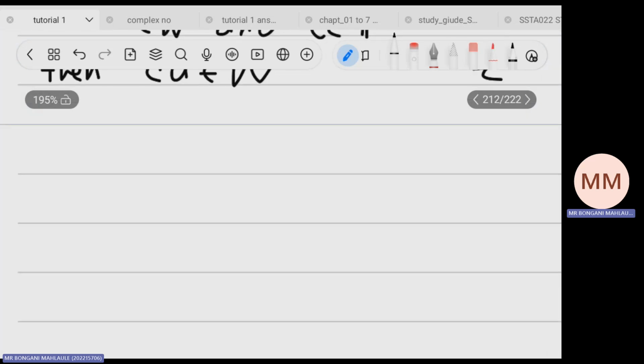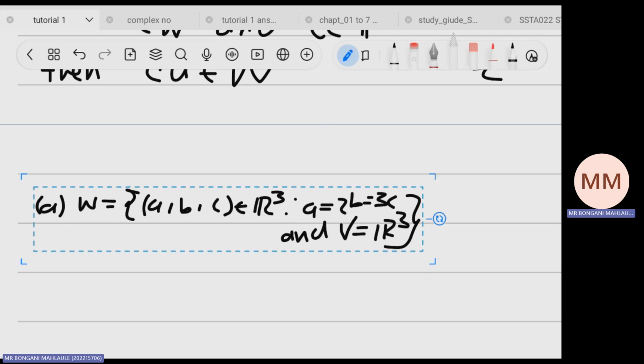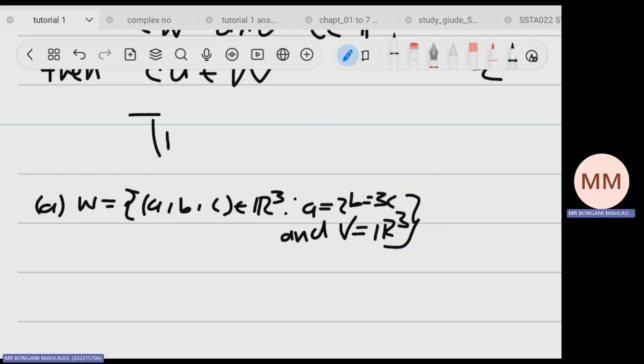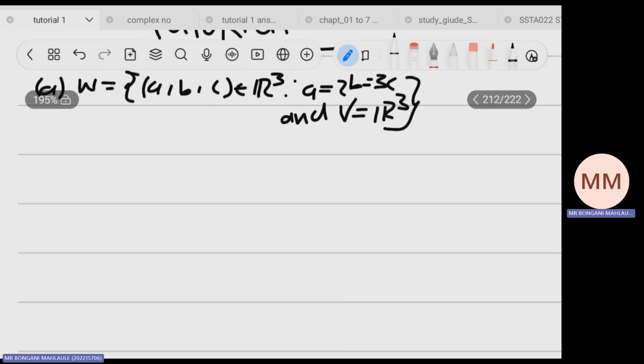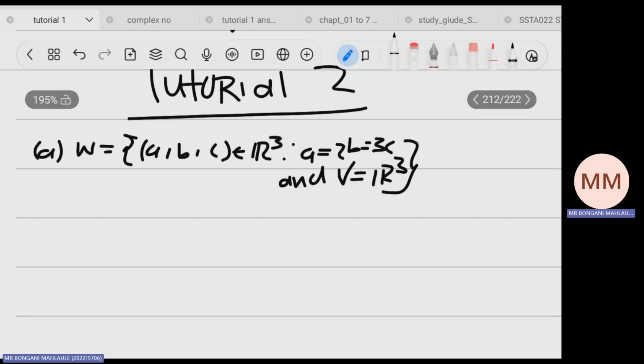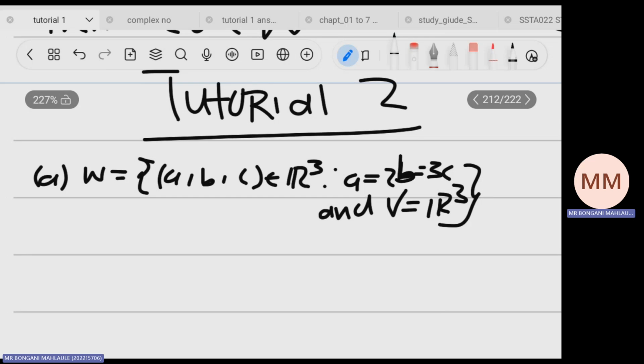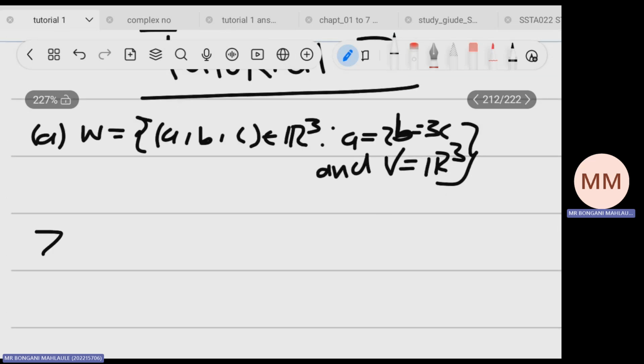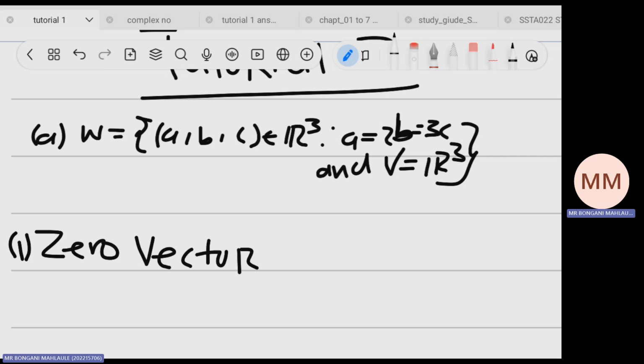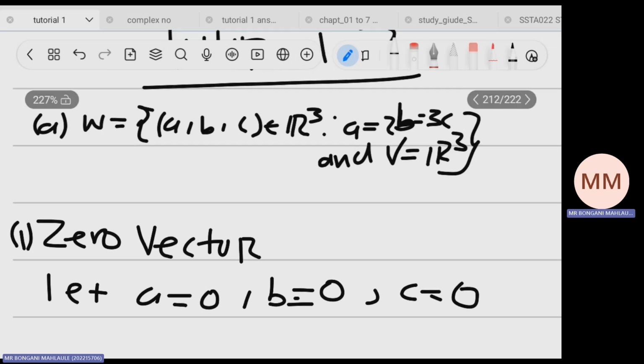Okay. So given this, you're given that A is equal to 2B is equal to 3C. Let's check for the 0 vector. We can say let A equal to 0, B equal to 0, and C is equal to 0.